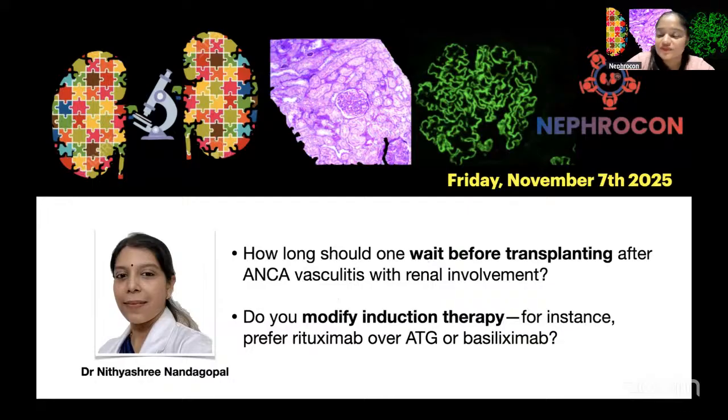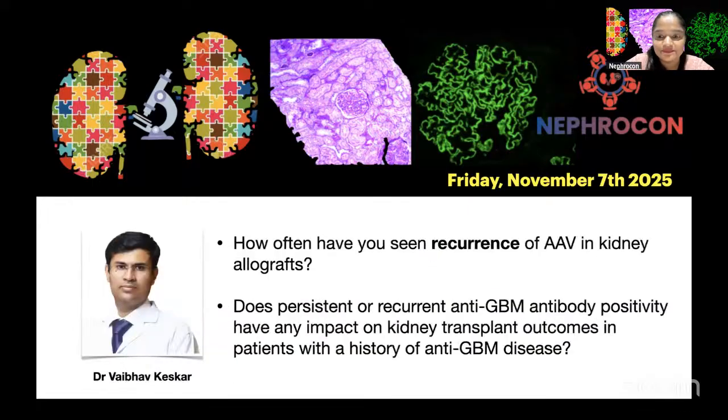Right. So Dr. Vaibhav has already answered how long we should be waiting before transplant. Now, coming to the recurrence part, Dr. Vaibhav, how often have you seen recurrence of vasculitis in kidney allografts? So 5 to 10% of patients who receive kidney transplantation have experienced recurrence after transplantation.